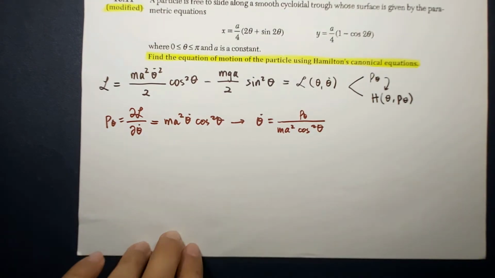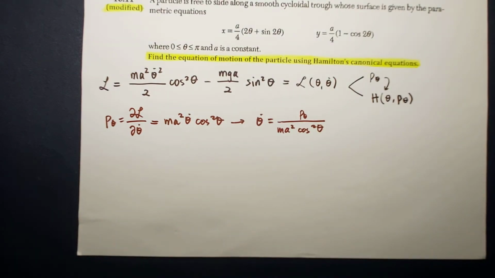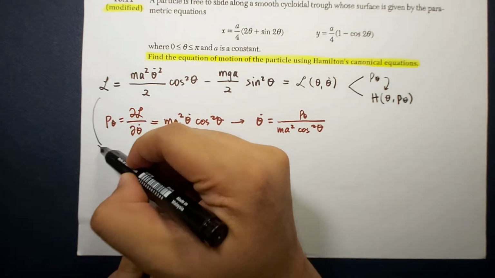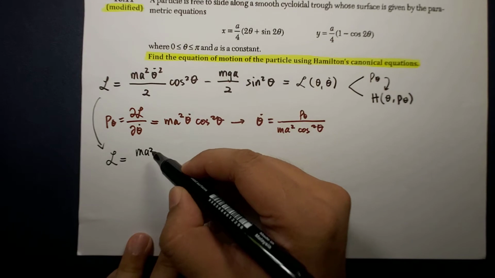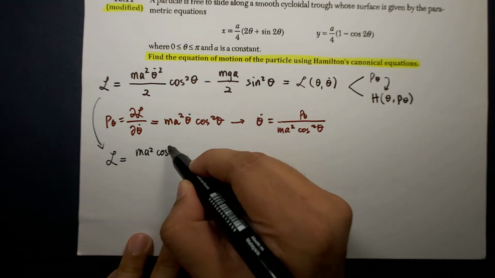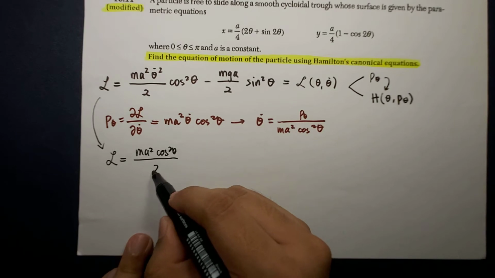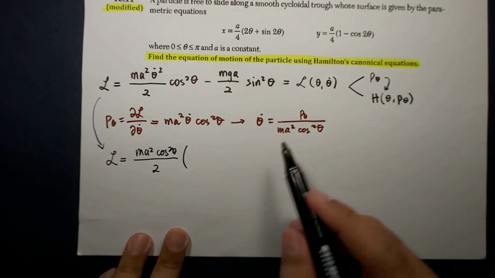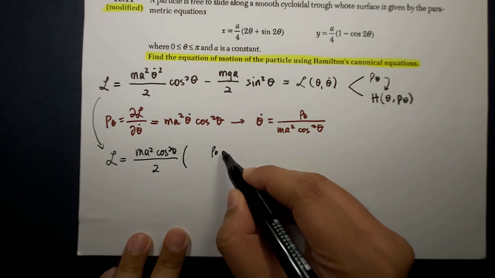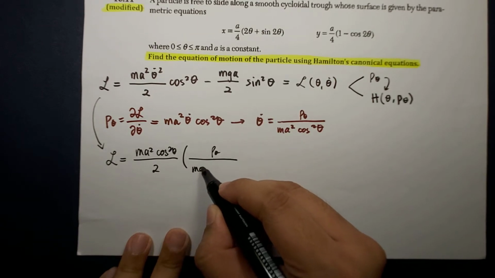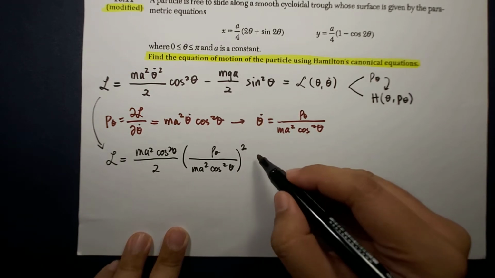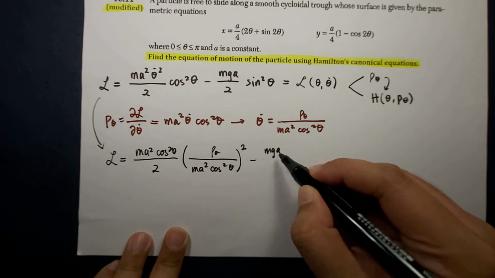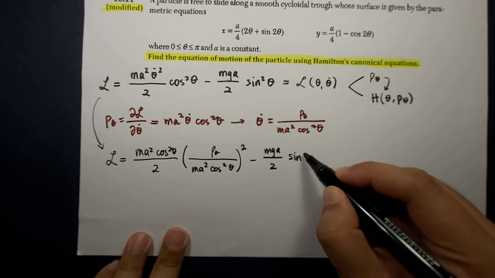That means our Lagrangian can now be rewritten as m a squared cosine squared theta over 2 times theta dot squared, so this is p theta over m a squared cosine squared theta, squared, minus mga over 2 sine squared theta.